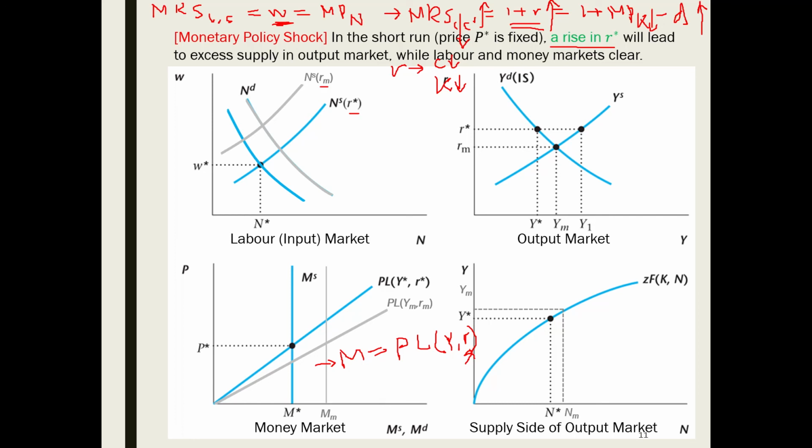But that is not the end of the analysis, because a lower C and a lower capital stock will also have an effect on the intratemporal condition. C appears in the marginal rate of substitution between leisure and consumption in the intratemporal condition for the consumer, and capital appears in the marginal product of labor in the intratemporal condition of the firm.